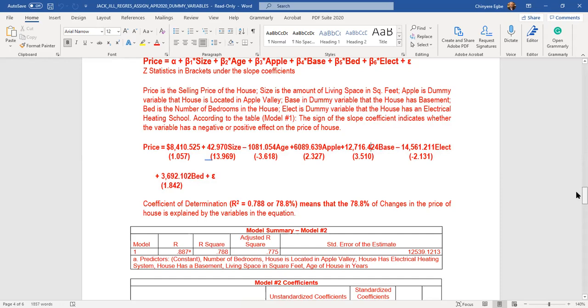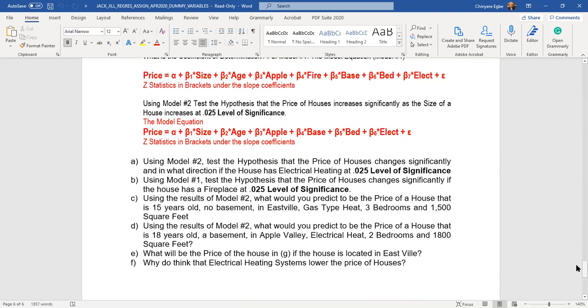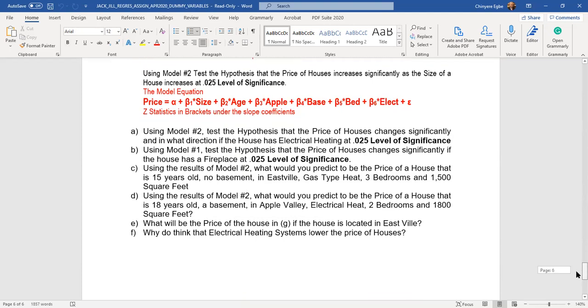Yeah. Okay. Let's see what the question was asking you. Using model number 2, would you predict the price of a house that is 18 years old, has a basement? If it has a basement, that means basement is 1. But here, using the result of model 2, what would you predict to be the price of a house that is 15 years old, no basement, in Eastville, gas heat type?